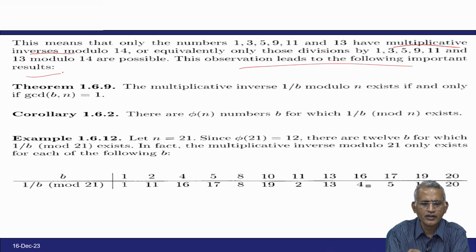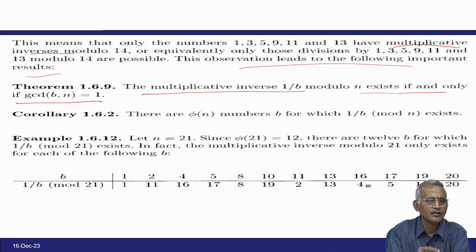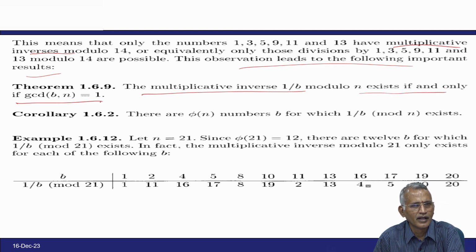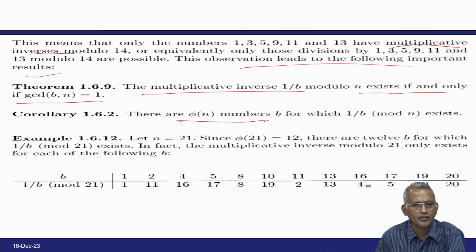The multiplicative inverse 1/b under modulo n exists if and only if the GCD of b comma n equals 1. Now, the corollary says that there are phi of n numbers b for which 1/b under modulo n exists.